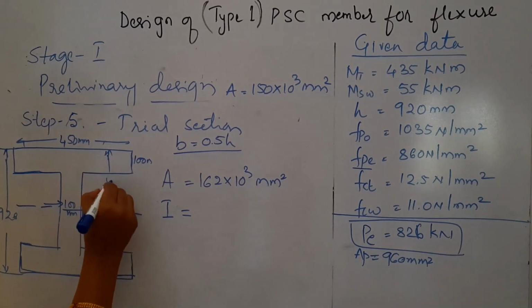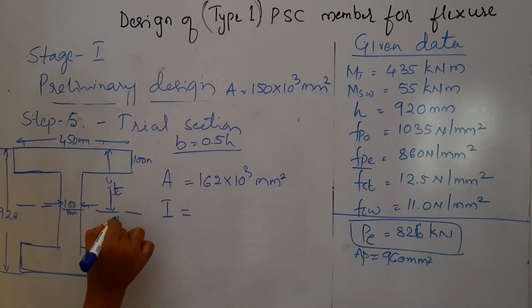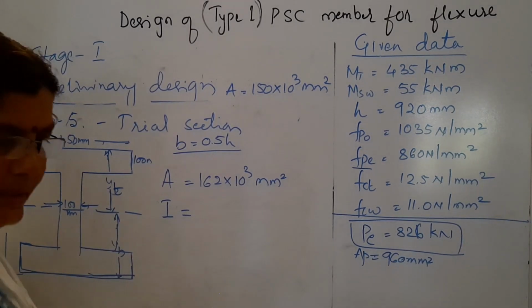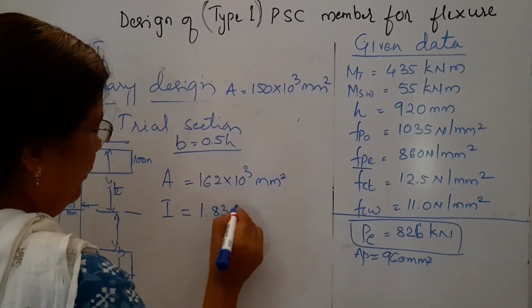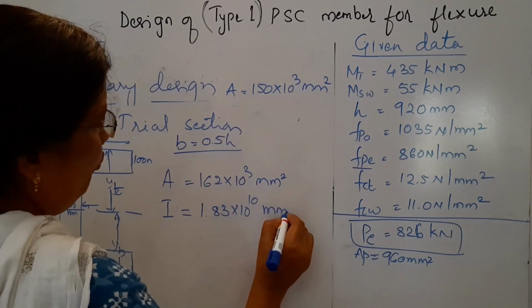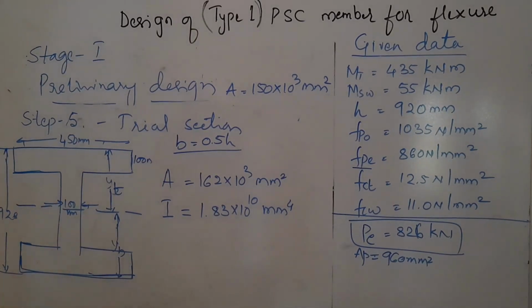This is Y suffix T from the top, similarly Y suffix B from the bottom. This is equal to 1.83 into 10 raised to 10 millimeter to the fourth. These are the properties of the trial section we have selected.